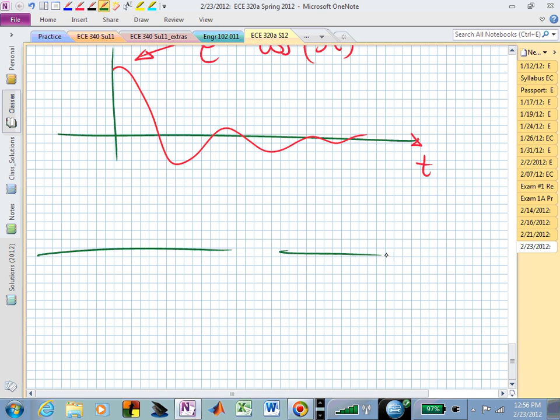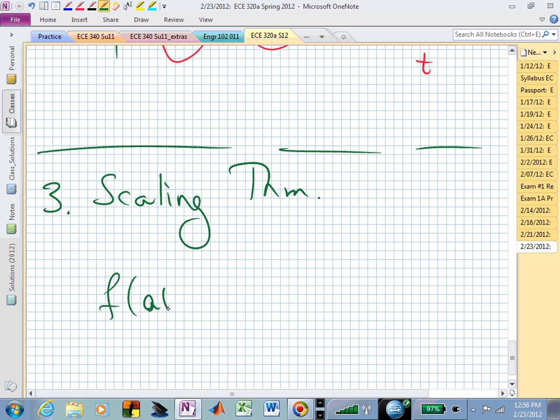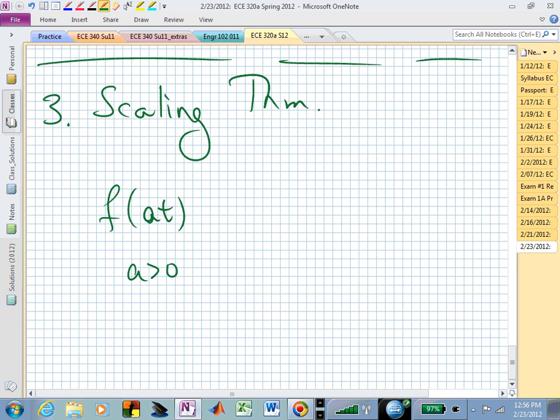Let's now look at one more theorem, called the scaling theorem. Now let's deal with A positive and say that we scale the time axis. Whether A is less than 1 or greater than 1 influences whether you're expanding or collapsing that time axis.